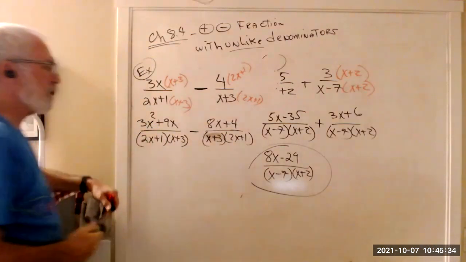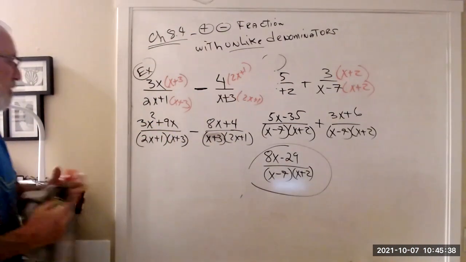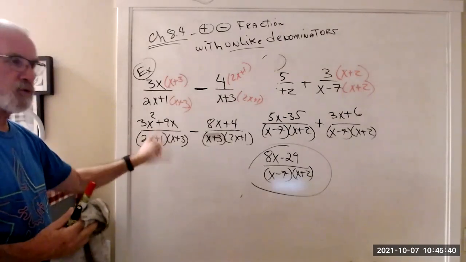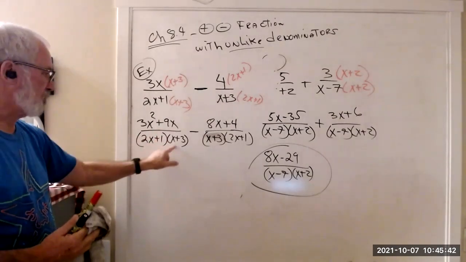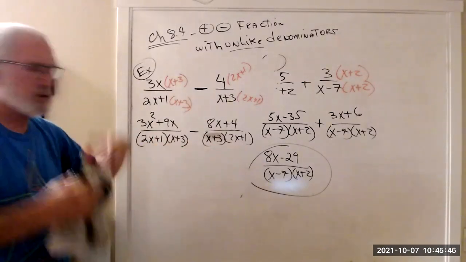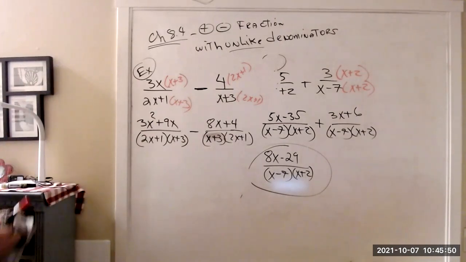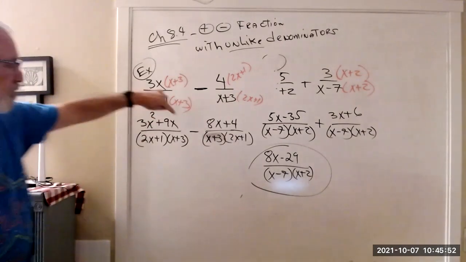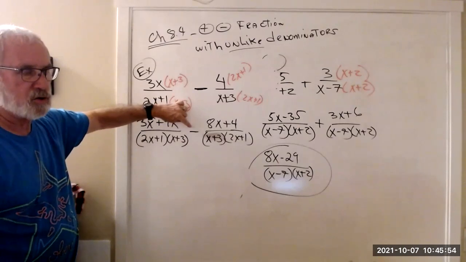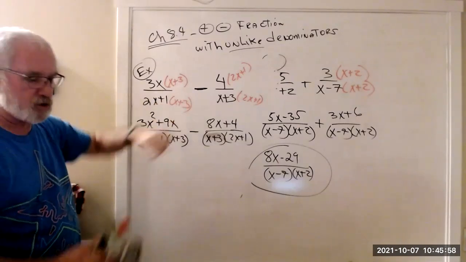So my denominators are the same. It doesn't matter the order that you write these two, because the two factors are the same. Okay, x plus 3, 2x plus 1, they're the same. If you multiply them out, they'd be the same. Except this has subtraction. So the old rule, I hate subtraction.